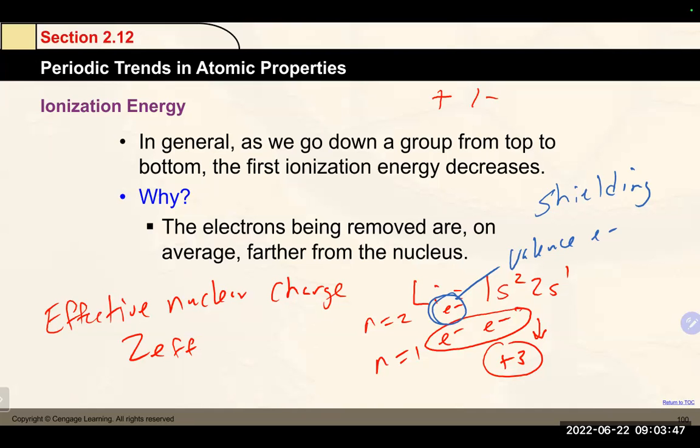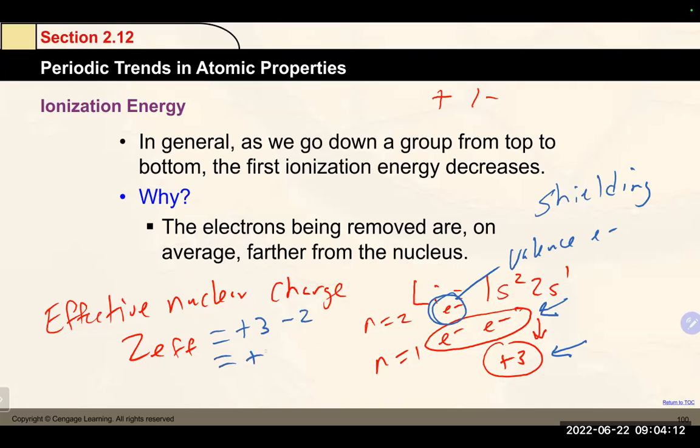Kind of like when you go to the movie and you sit down in a nice perfect seat in the center, and then somebody comes in with a big cowboy hat right in front of you, and sort of shields some of the screen, right? You're not seeing the full effect of it. And that's sort of what happens here. You can actually calculate Z effective by taking the positive charge on the nucleus and how many electrons are shielding.